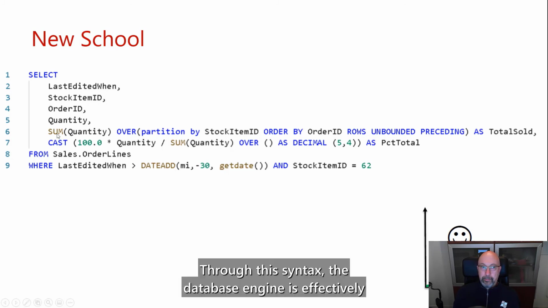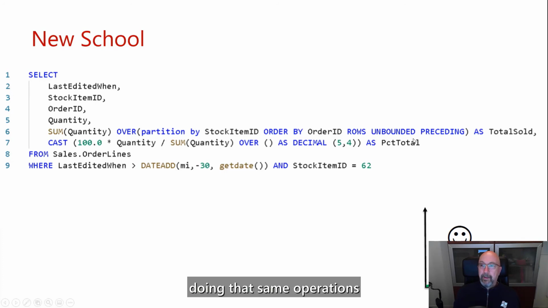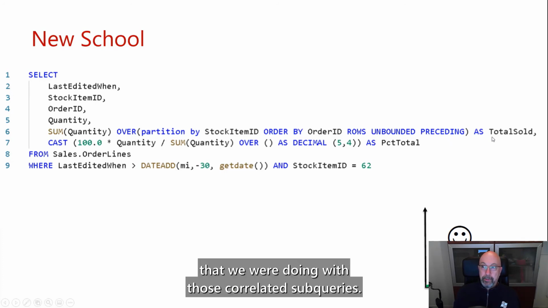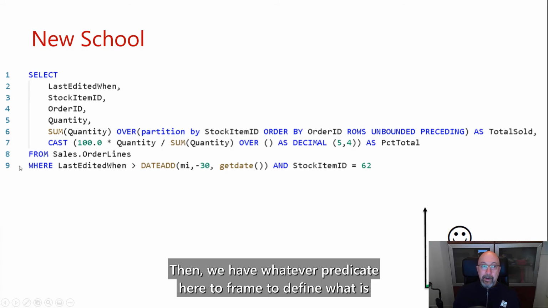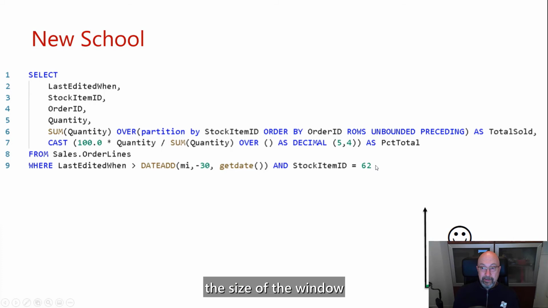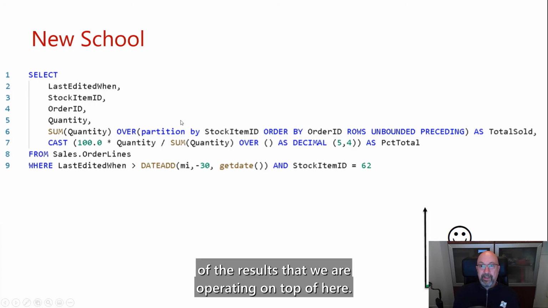Through this syntax, the database engine is effectively doing the same operations that we were doing with those correlated subqueries. And then we have whatever predicate here to frame, to define the size of the window of the result set we are operating on top of.